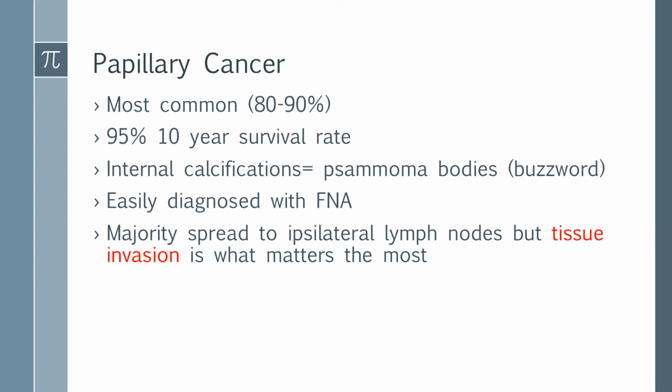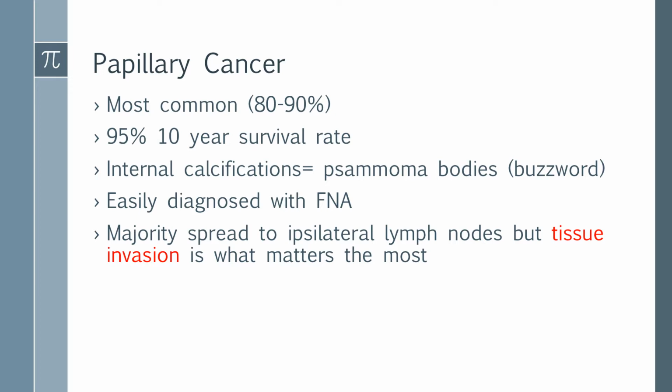Some of the things they'll tell you on the exam is that they do a biopsy and you see internal calcifications or psammoma bodies, right? That's the buzzword. As soon as you hear psammoma bodies in the thyroid, you know it's a papillary cancer. There are certain things that give you psammoma bodies: papillary cancer of the thyroid, serous cystadenoma of the ovary, meningioma, and mesothelioma.